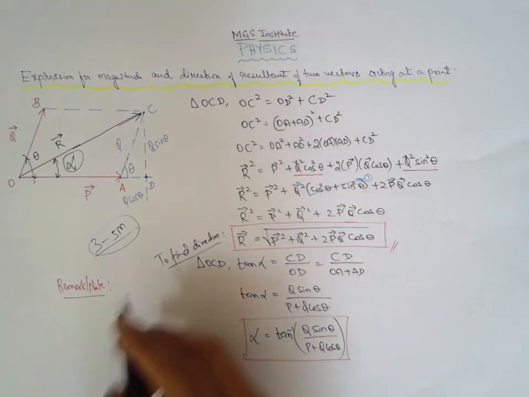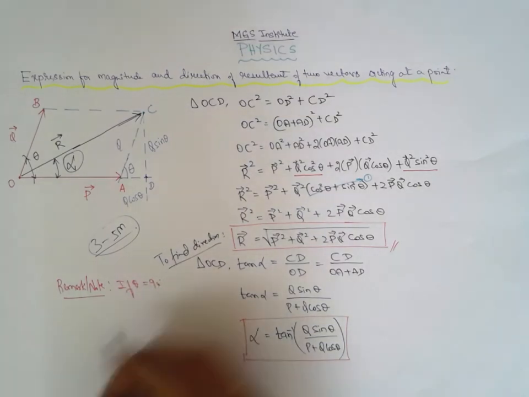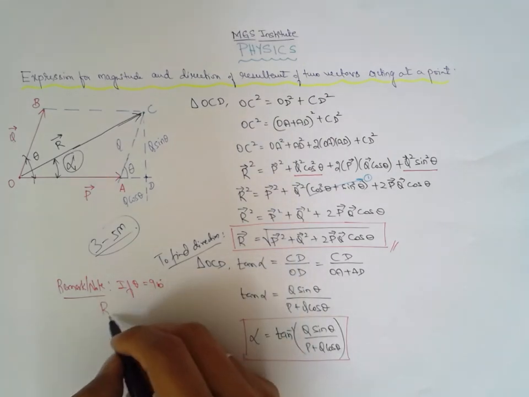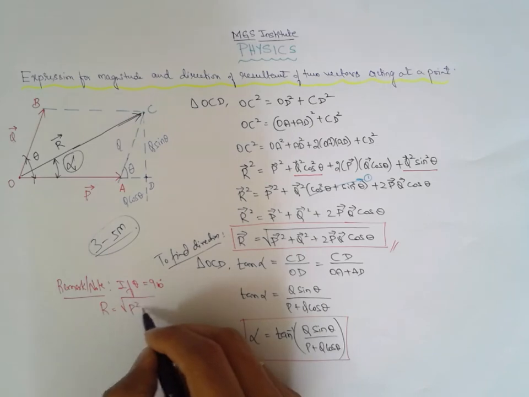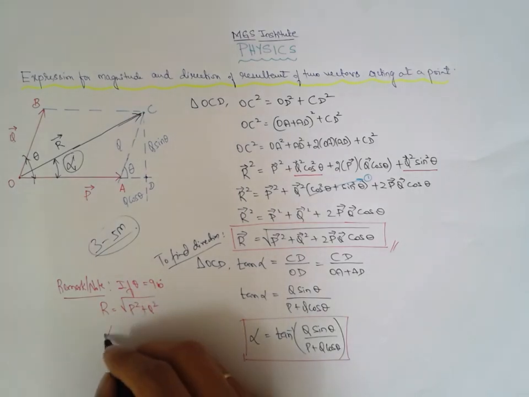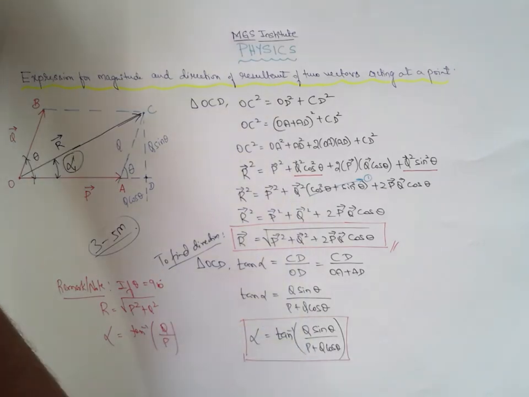That is, if theta is 90 degrees, what will happen? Our R will become square root of P square plus Q square, and alpha will become tan inverse of Q by P. Why is all this happening?